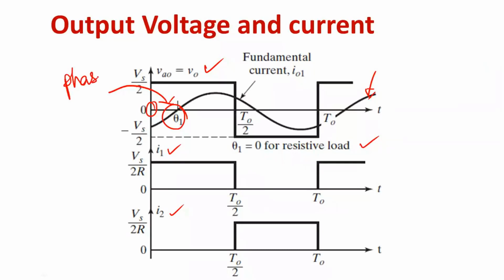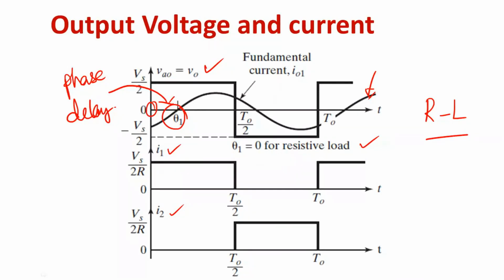This phase delay will occur whenever the load connected across the output terminals is resistive and inductive in nature. But we never use purely resistive loads for any kind of inverter circuit, because most of the loads that we see in our daily life are inductive in nature.